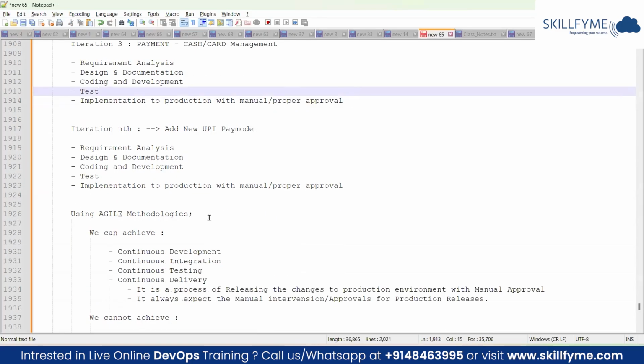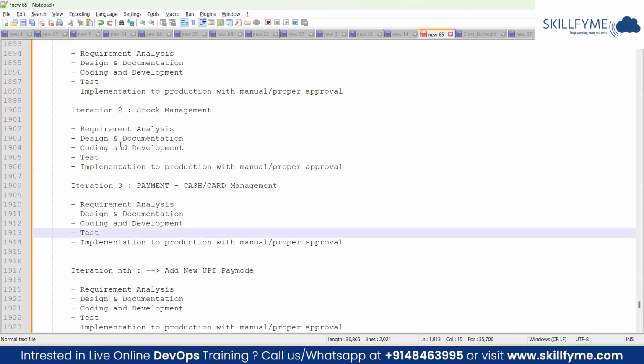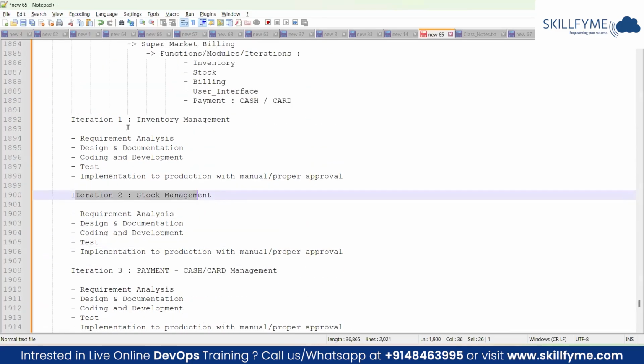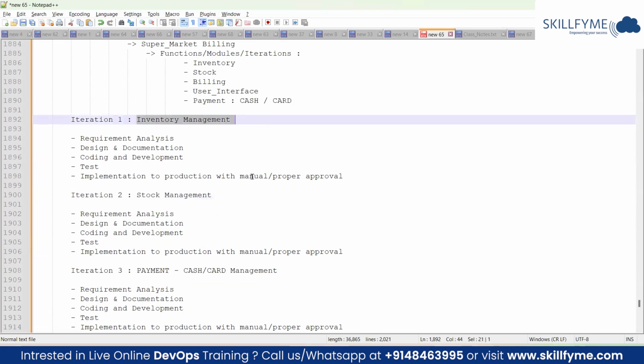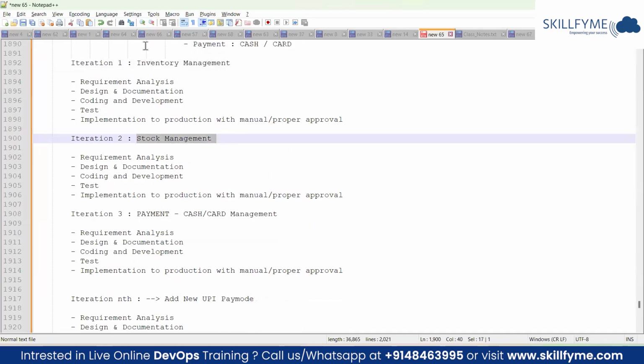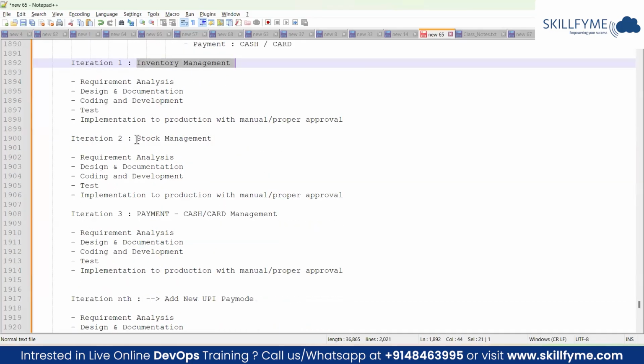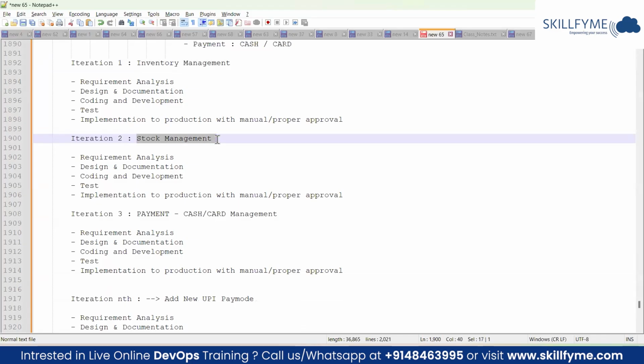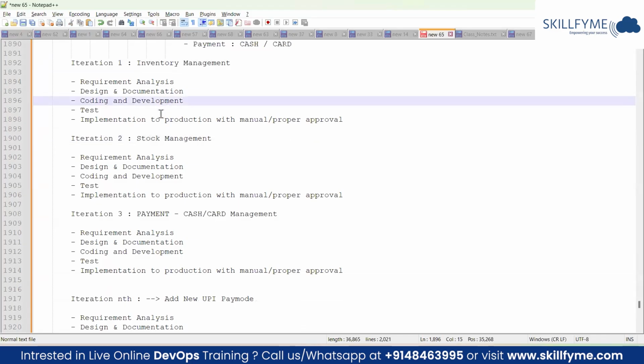Why? Because in agile methodology, people are working on their own tasks. Let's say this particular module, this iteration, is assigned to one developer, so he'll be focusing on his own module. He will not have any clue about what others are doing. Because of his change, will there be any impact on others? He will not have any visibility while he is developing or implementing the changes.